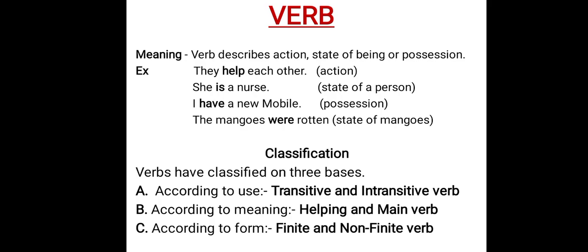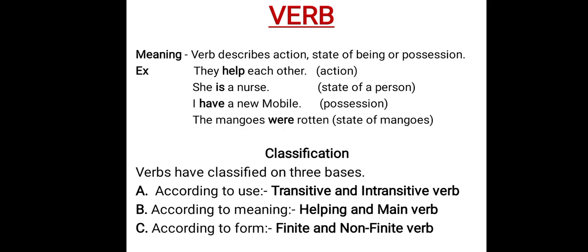I hope all of you remember the concept, the meaning of verb. If you don't, let me revise it quickly. A verb describes action, state of being, or possession. Action, all of you understand, means any work.